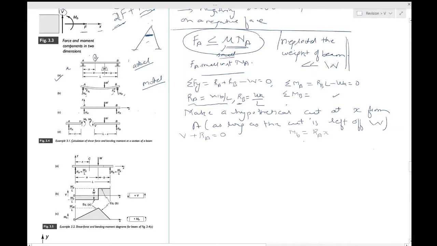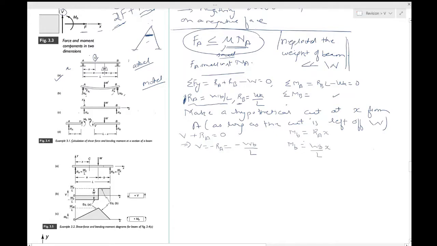So all these are scalar quantities because their directions are well evident in the diagram. So this implies that V is equal to minus Ra, and then you plug in Ra from over here. That would make it minus Wb by L. Similarly, Mb is equal to Wb by L into x.